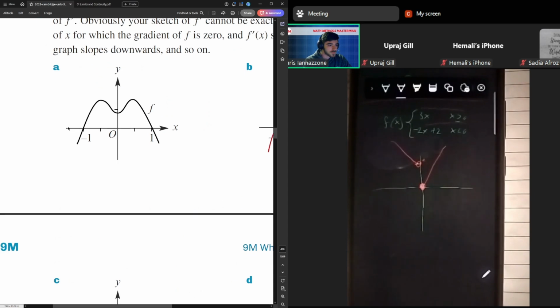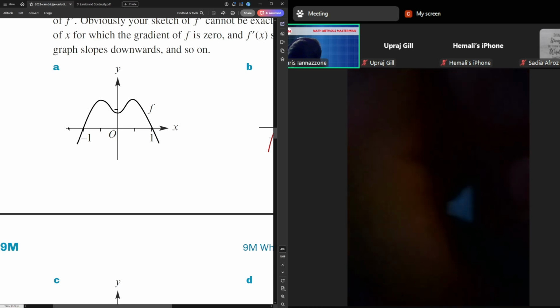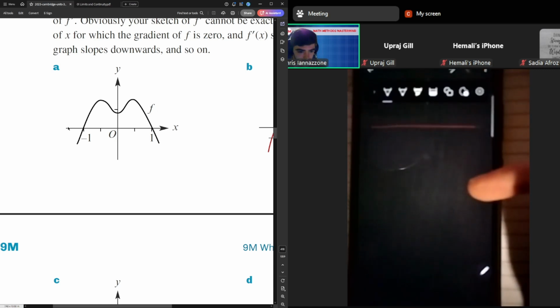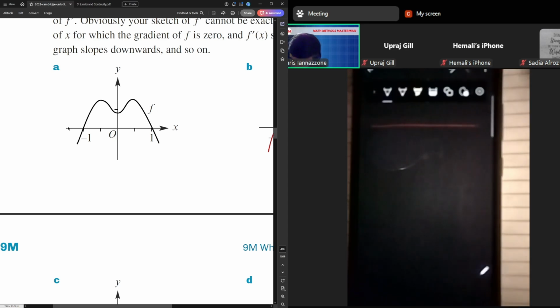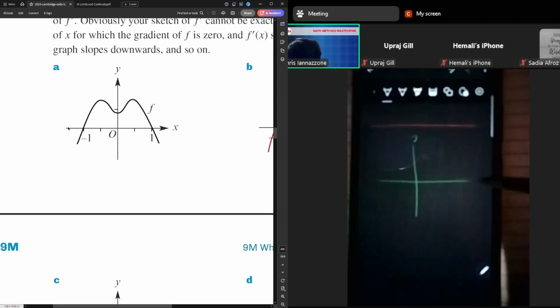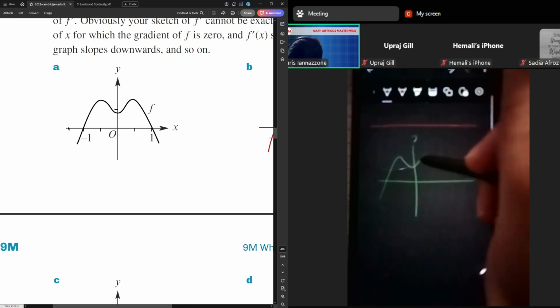So all we're going to do is do a sketch of f dash, and if applicable, we will have a look and see if there's any continuity errors. Okay, so I'll just make a copy of f. This will be a bit of revision from, I think we looked at how to sketch derivative graphs before. If not, we'll look at it now. Okay, so it's something like that.